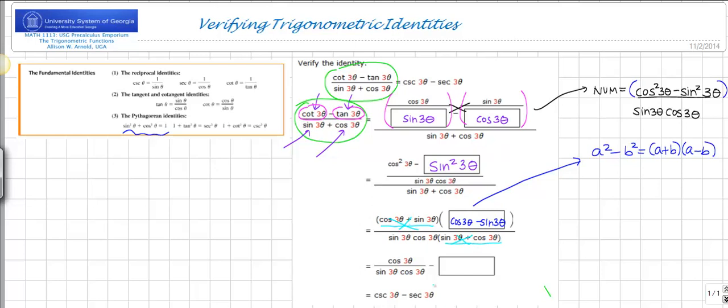And if they cancel, then you're left with this over this. So cosine 3 theta minus sine 3 theta divided by sine 3 theta cosine 3 theta.